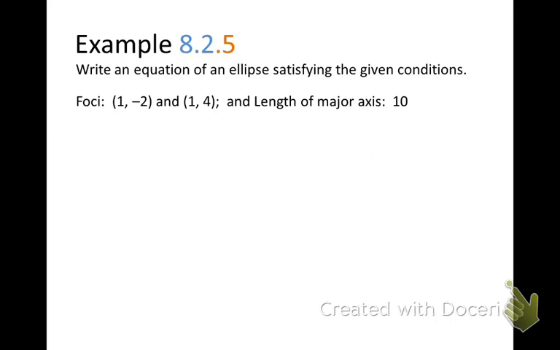So this time I've given you your foci and the length of the major axis. Be careful with that length of the major axis one. First of all, the foci I have given you are at (1, -2) and (1, 4). So I have given you another vertical ellipse, right? Can you tell me where the center is based on that?